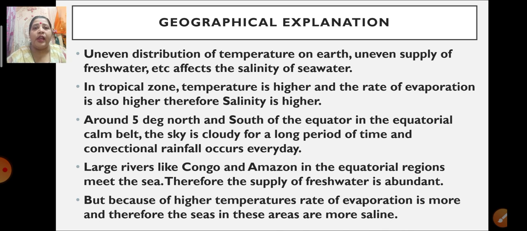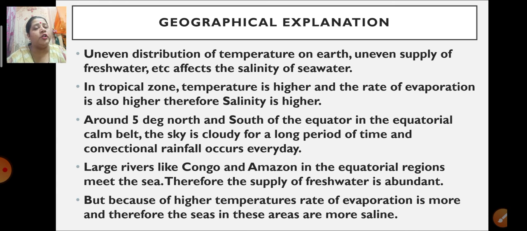As you go away from the equator, the temperature becomes lesser and lesser till we reach the poles, where it is the least because of the slanting rays of the sun.